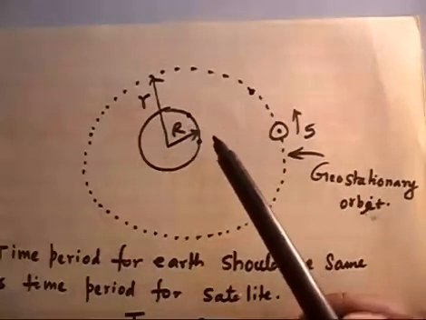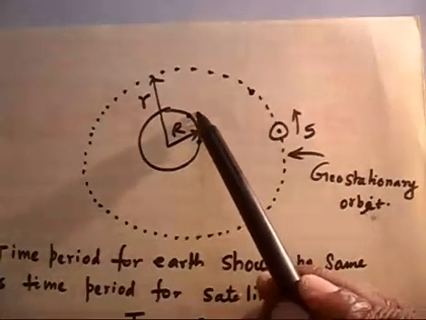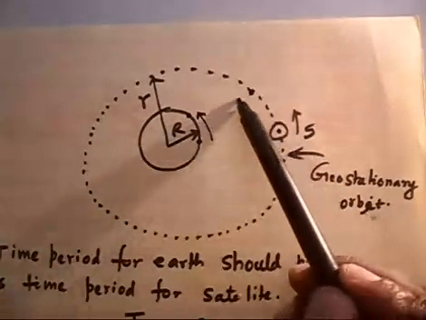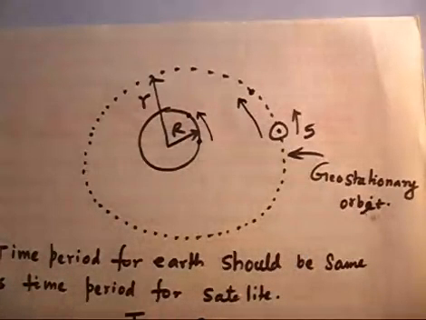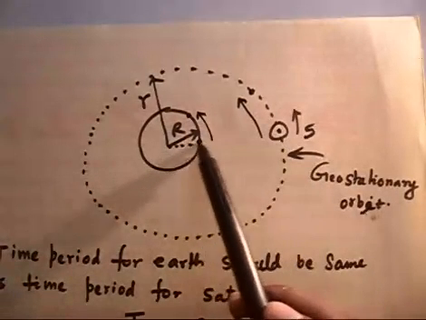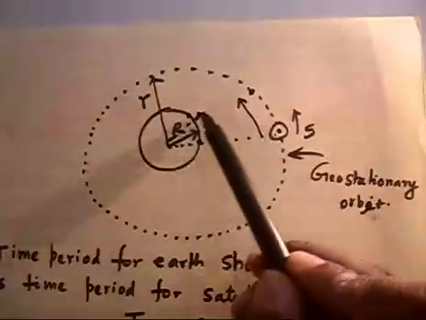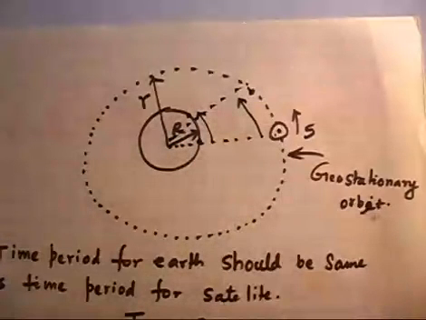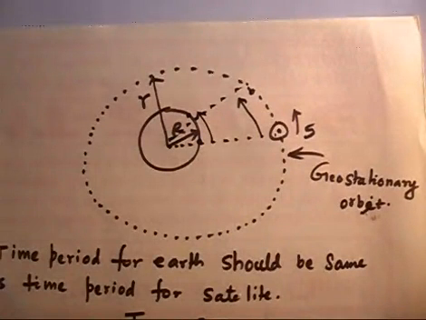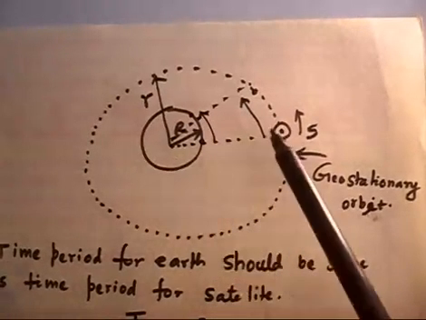By the same angle by which the observer has moved, the satellite has moved. So this angle is the same in both cases, and the observer will see that the satellite is not moving at all. So this kind of satellite is called a geostationary satellite, and this orbit is called a geostationary orbit.